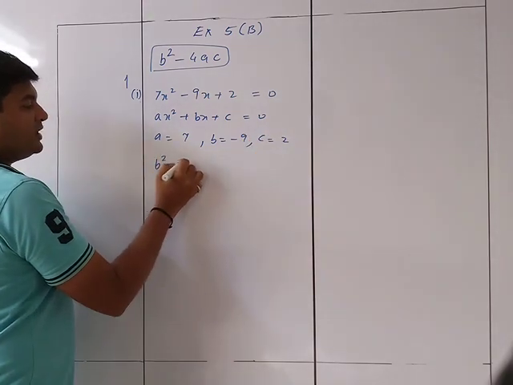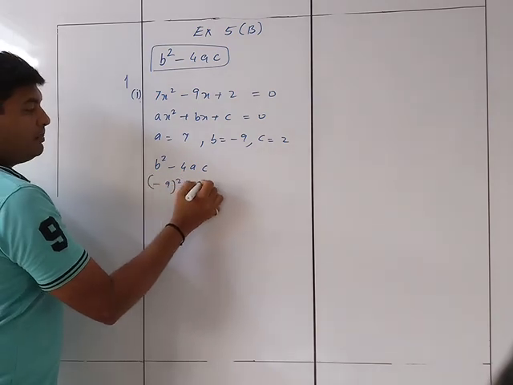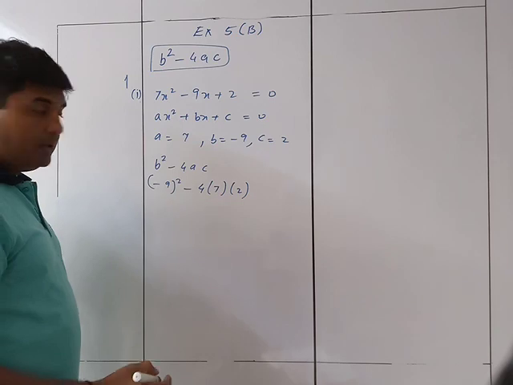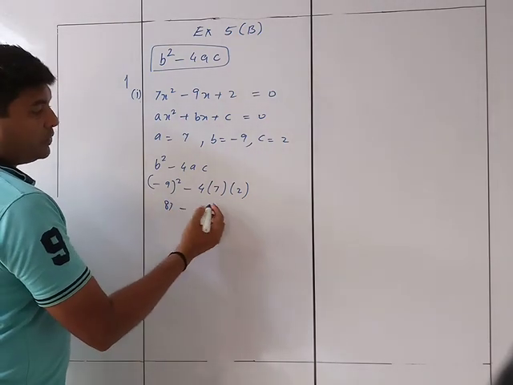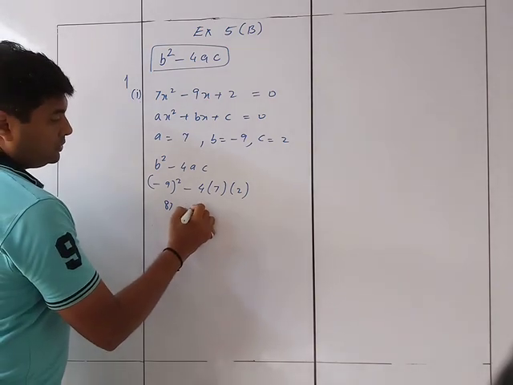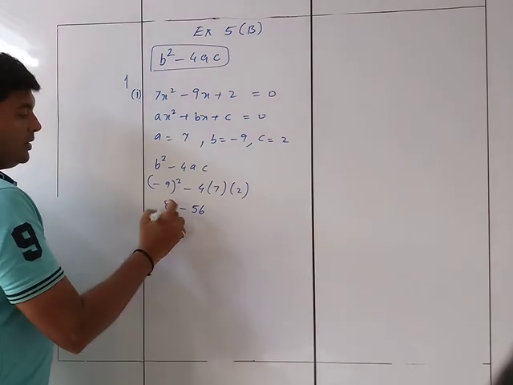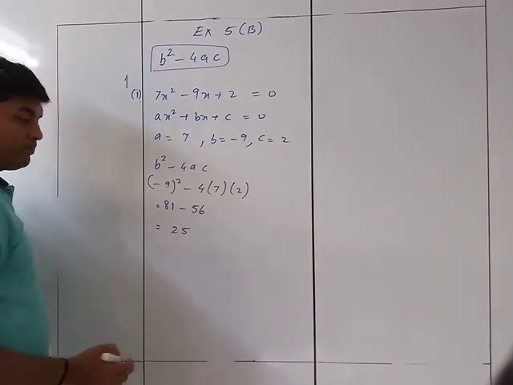So b square minus 4ac will become minus 9 the whole square minus 4 into 7 into 2. Got it? So this becomes 81 minus 14 into 4, that is 56. So 81 minus 56 will be equal to 25.